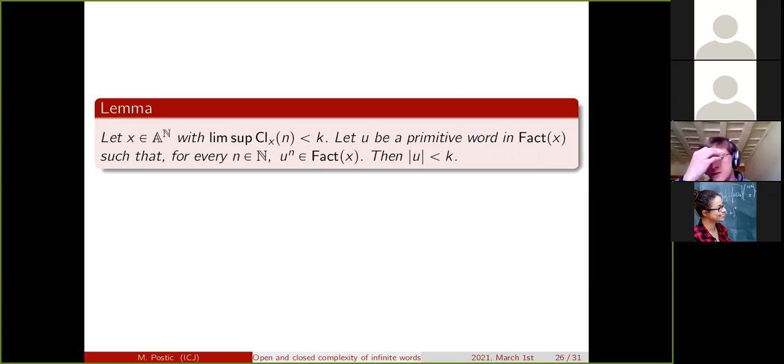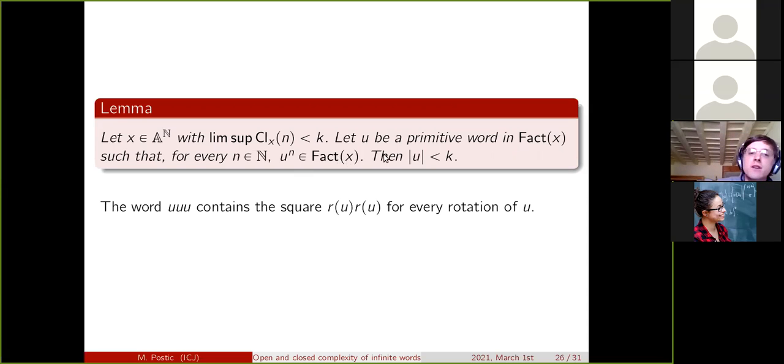Okay, another lemma we need is the following, and it's a bit like the previous one. It states that if you have a word with a closed complexity function which is bounded, then you are going to avoid having long powers with short roots. And why is it the case?